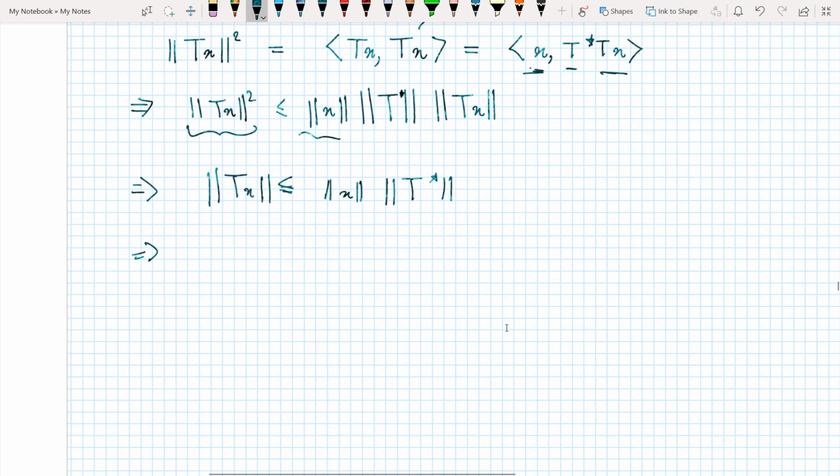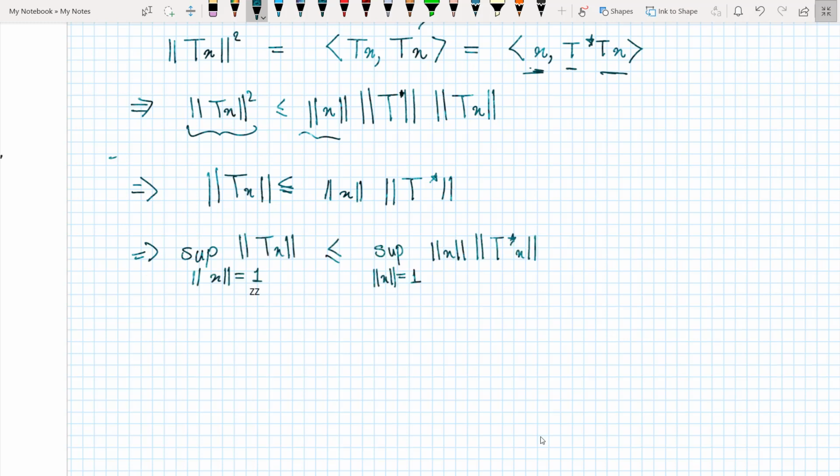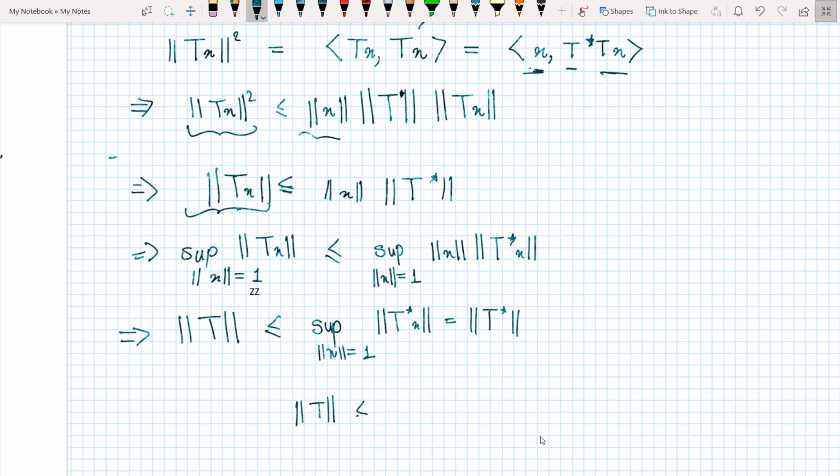The next thing I do is take the supremum over norm of x equal to 1 on both sides of this inequality. Then I can say that the norm of T is less than or equal to the norm of T star.